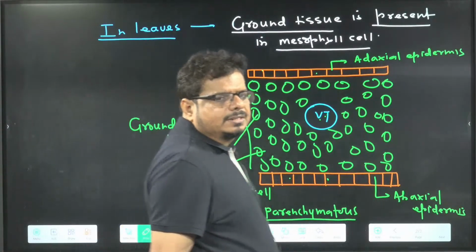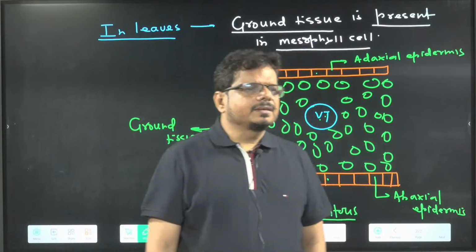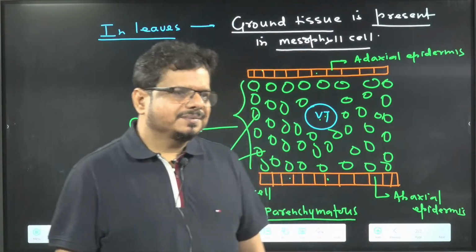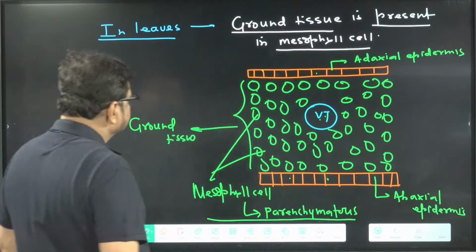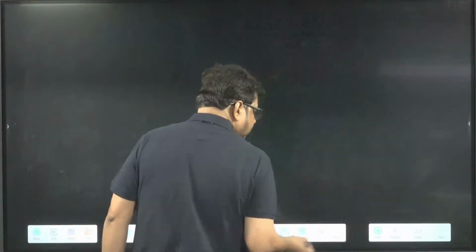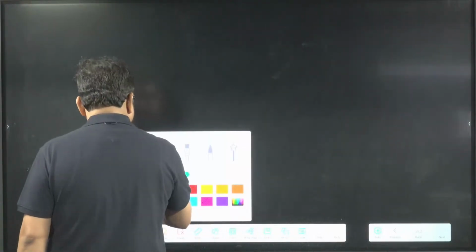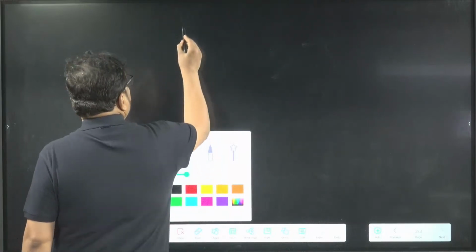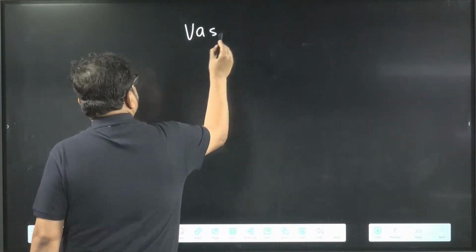Now we are going to discuss which tissue system? Vascular tissue system. So have a look here.